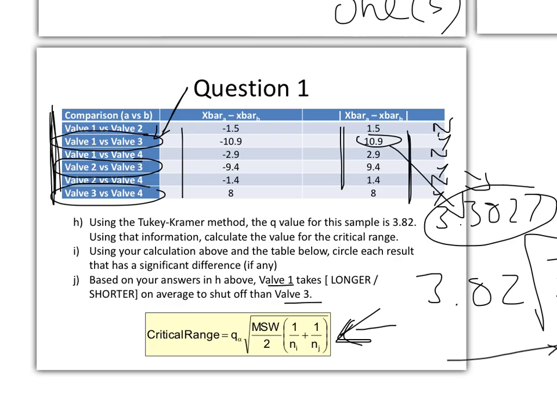Now it's asking, based on our answers above, whether valve 1 takes longer or shorter than valve 3. So when you say valve 1, X bar A minus X bar B, this would be 1, this would be valve 3. 1 is less than 3 because of the negative value here. So we would say on average, it's a statistically significant result that it takes shorter. We could say that conclusively based on our test.